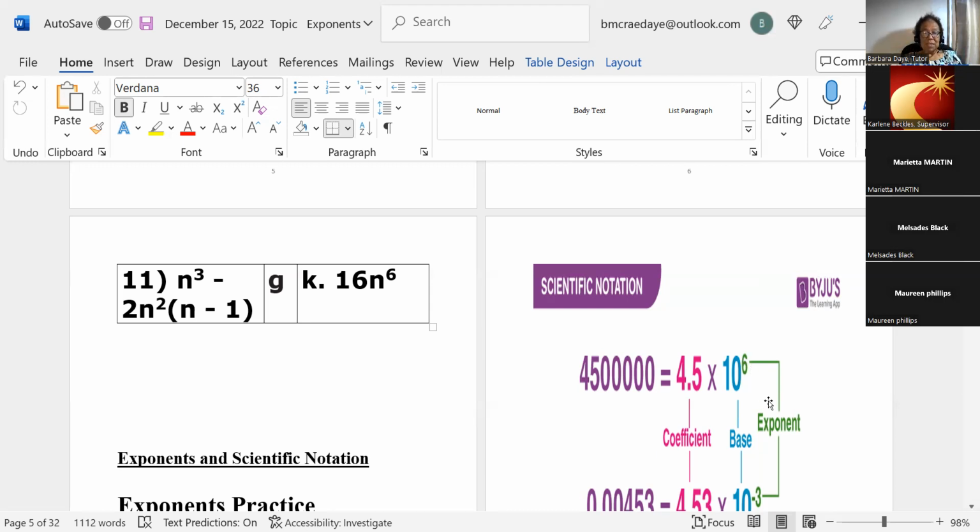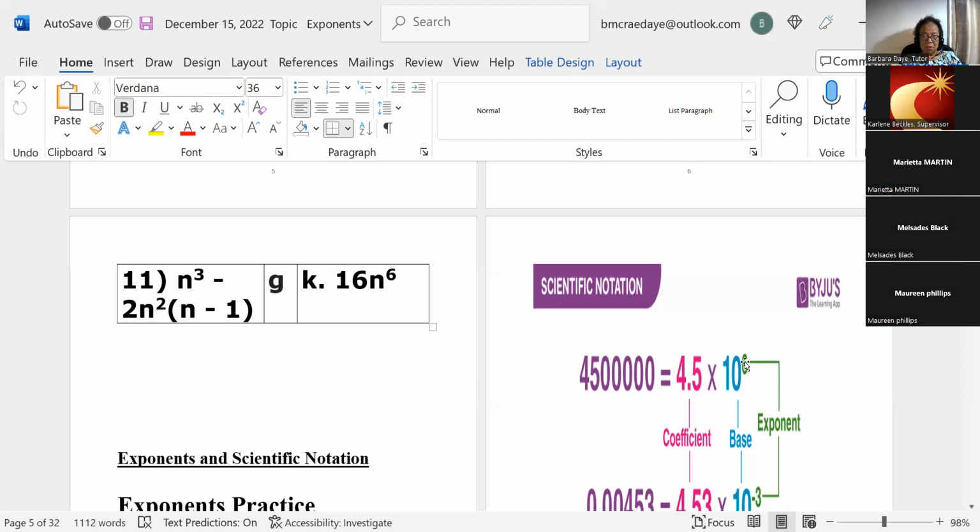And your exponent is positive when your number is not a decimal type number. Also, when you move to the left, you have a positive exponent.